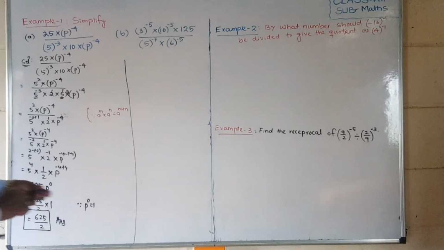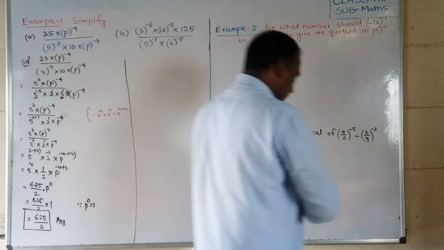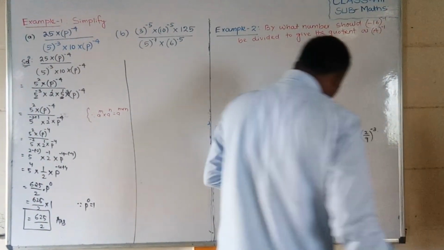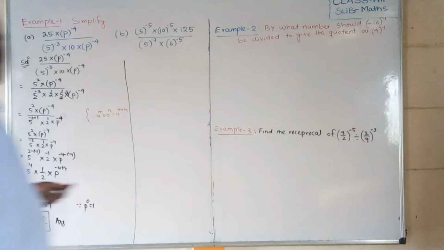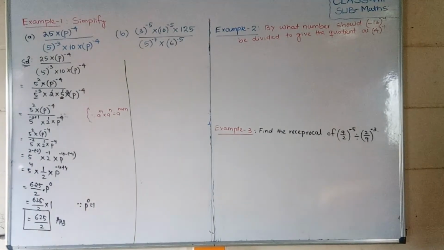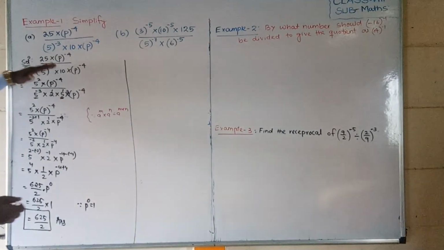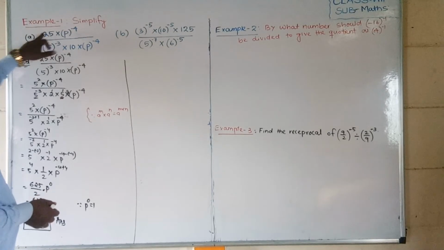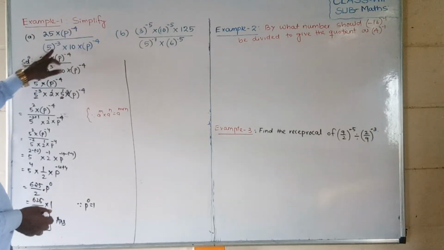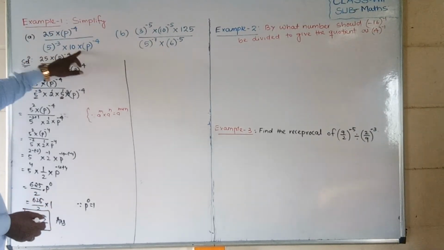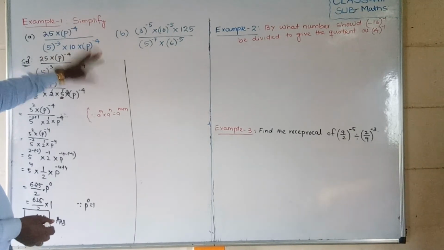Students, you should also check this second problem once. It is p to the power 25 into p to the power -4, divided by 5 to the power -3 into 10 into p to the power -4. Here I have written a little mistake.